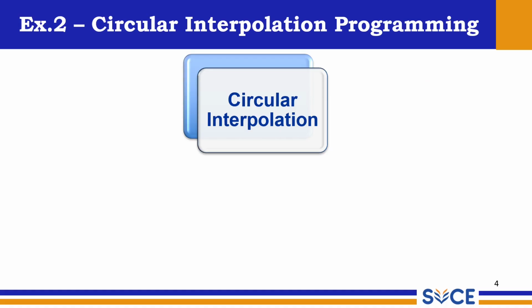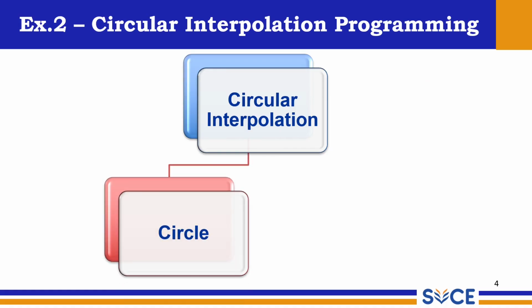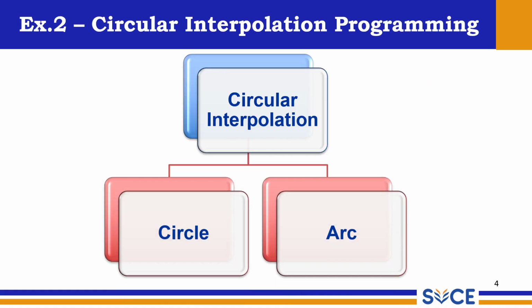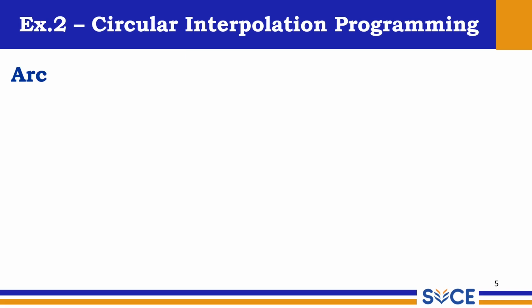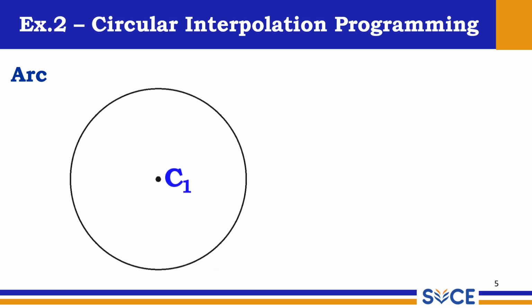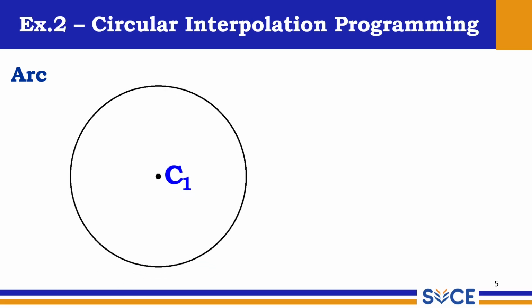When we go ahead with circular interpolation, as discussed, there is a circle and there is an arc. These are the things we need to consider for programming. Now we'll start with the arc, because the concept is the same. We have a circle with point C1 as the center and R as the radius.